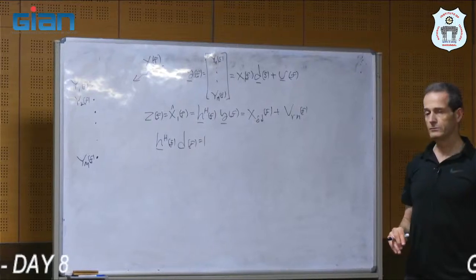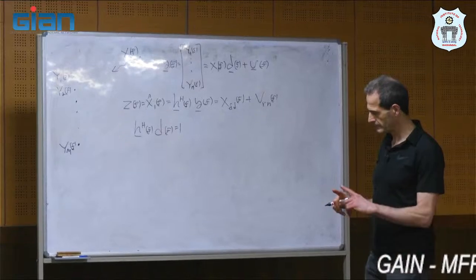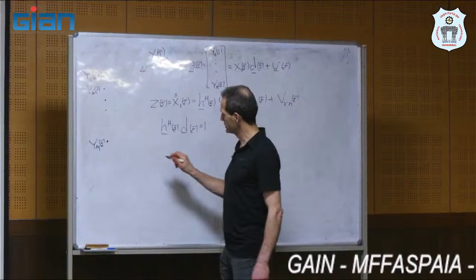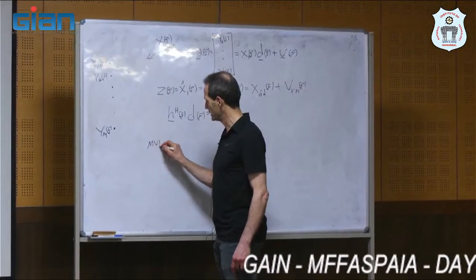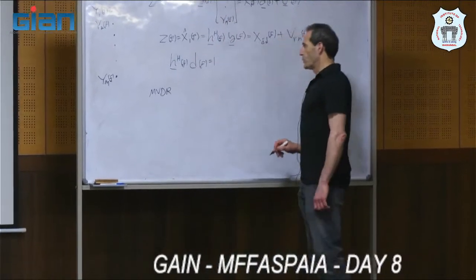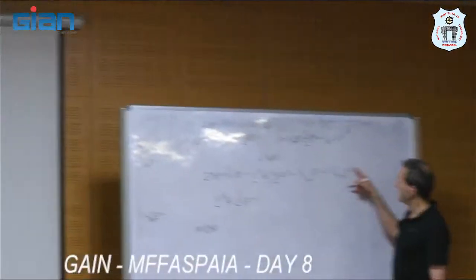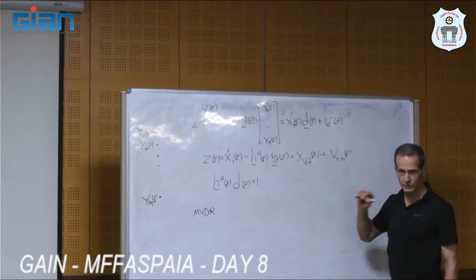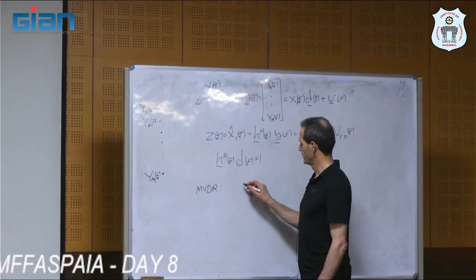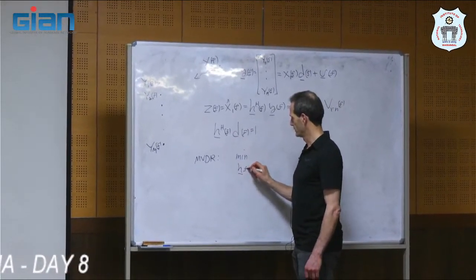Okay, so before we continue, we talked about the MVDR, minimum variance distortionless response. What we try to do is to minimize the variance of the residual noise, using H for each frequency.